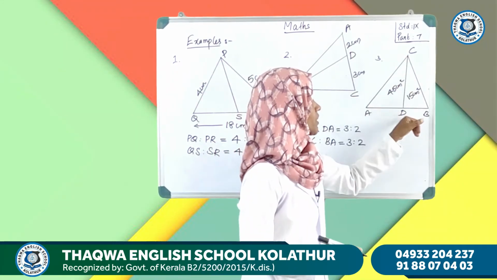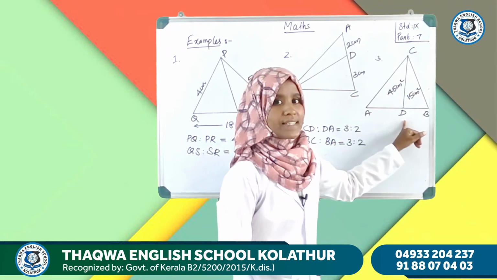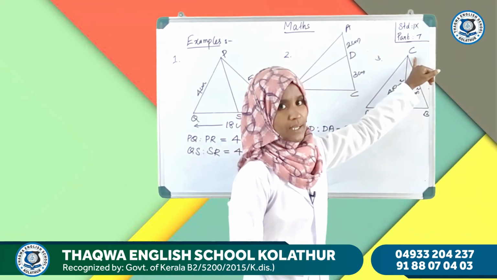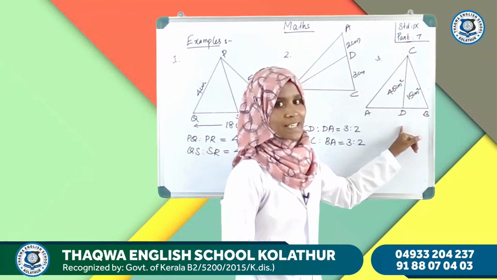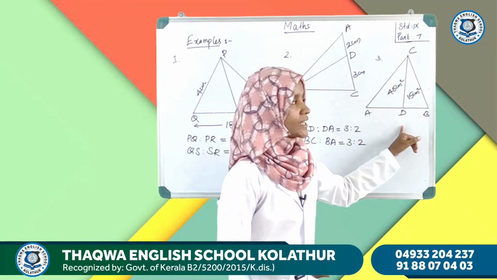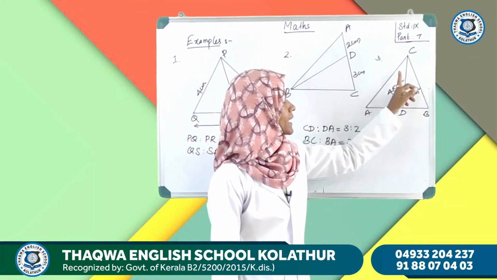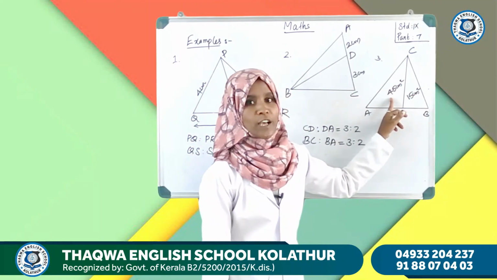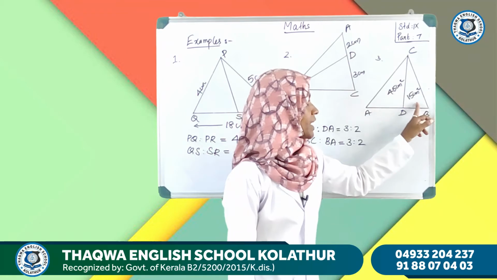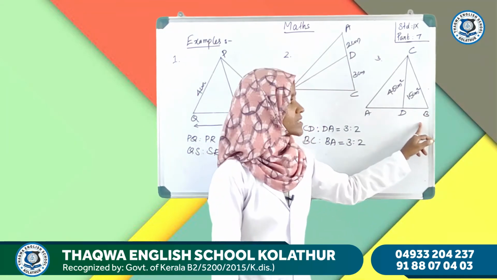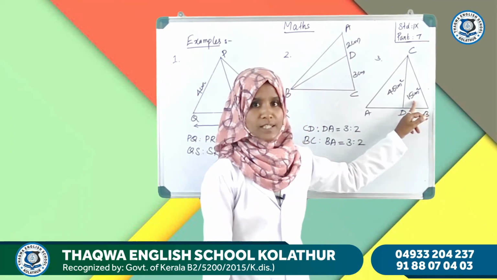Here DC, or CD, is the bisector of angle C. Now you have given the area of triangle ADC is 45 square centimeters and the area of triangle BDC is 15 square centimeters.